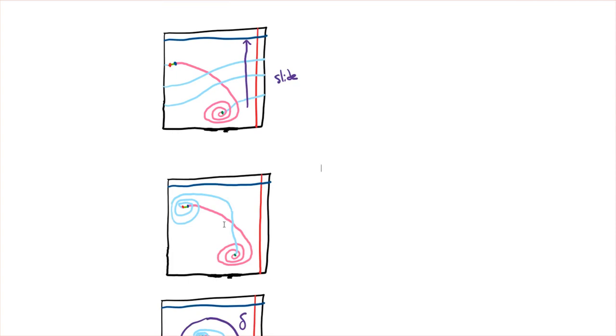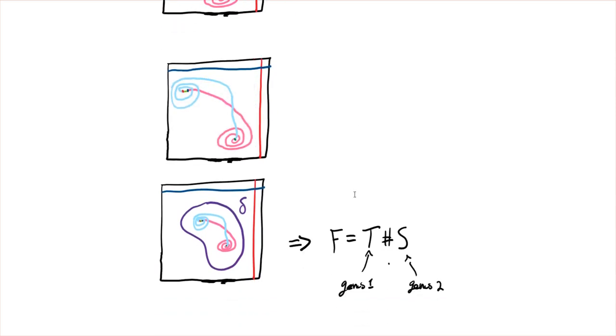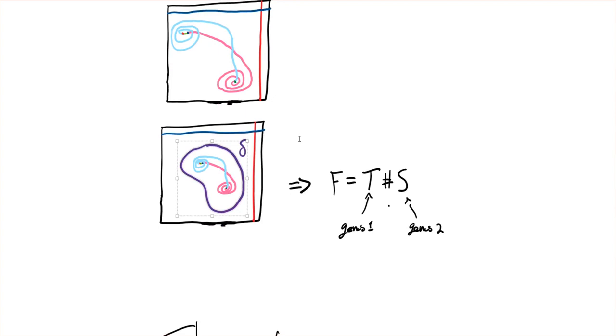So wherever the gamma curve was, it doesn't really matter. This represents a trivial element in the fundamental group of the torus. You can get this entire thing away from the gamma curve. There's a delta curve, which separates this twisty thing from the rest of your trisection diagram.